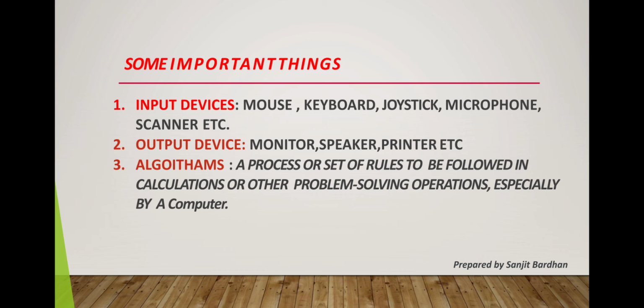Here are some examples: mouse, keyboard, joystick, microphone, scanner, etc. And when the computer processes the data and gives the result via an output device, which is monitor, speaker, printer, etc. For example, a teacher submitted the marks to the report generation system via mouse, keyboard, scanner, etc. This is considered as data, whereas the report card that is generated by the system is called information.